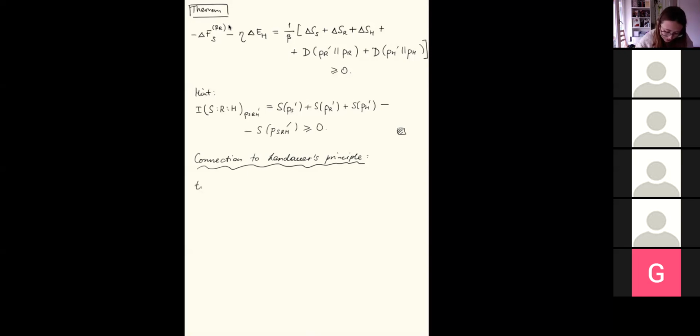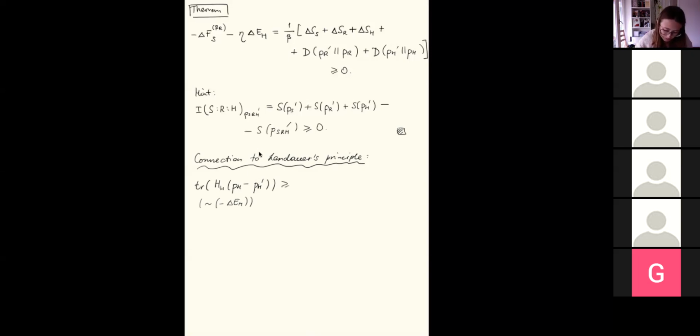The energy extracted from the hot bath is essentially the trace of H_H times (rho_H minus rho_H'), which we labeled in our previous labeling as minus delta E_H. So the final energy of the hot bath is of course lower than the initial energy, and this indicates how much we have extracted.